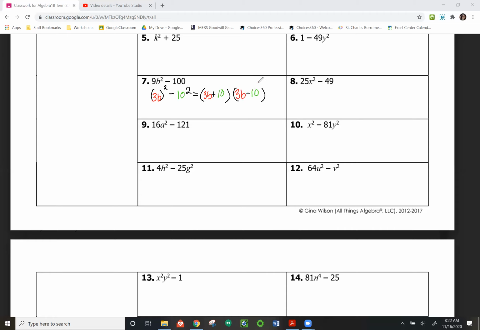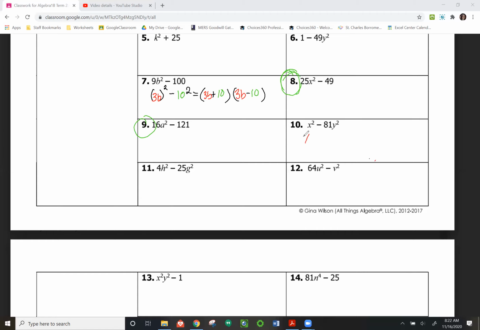Okay, all right, so I'm going to leave number 8 and 9 for you. All right, let's look at 10. Right now, I have an x squared minus an 81y squared. So it's very obvious that I have two terms. There's a subtraction, but both of the terms, the way they are, are not written as a squared.